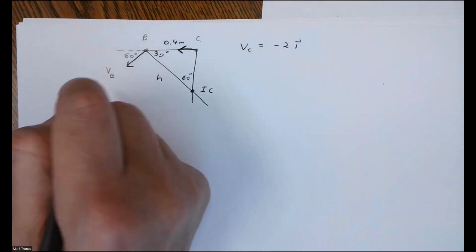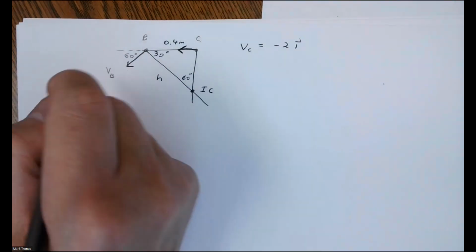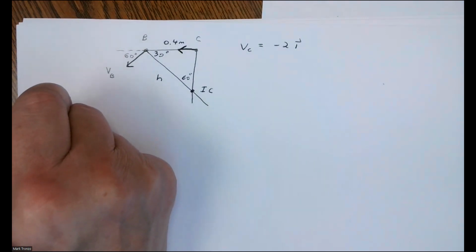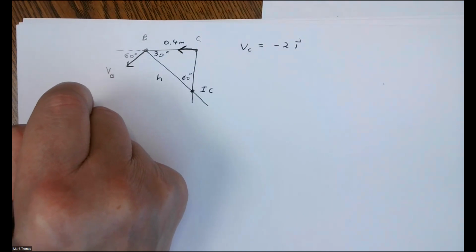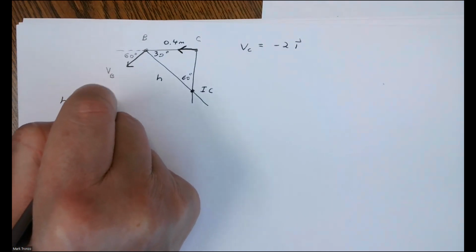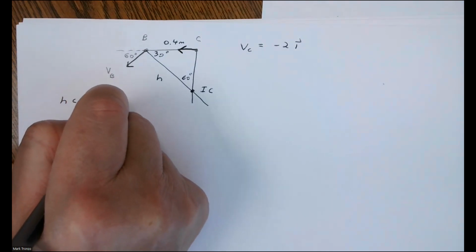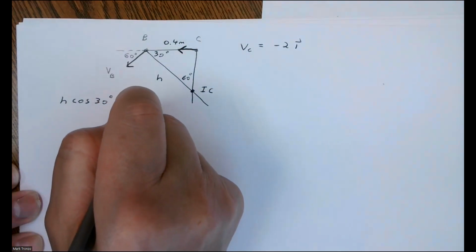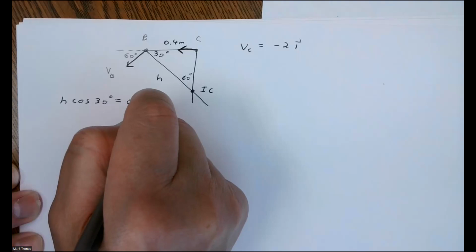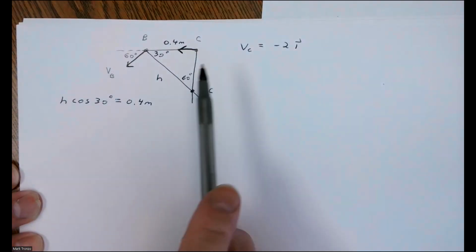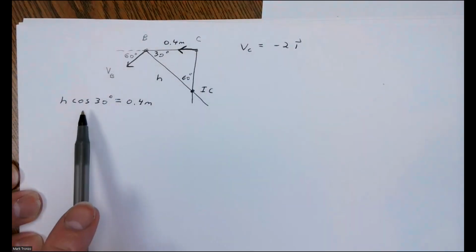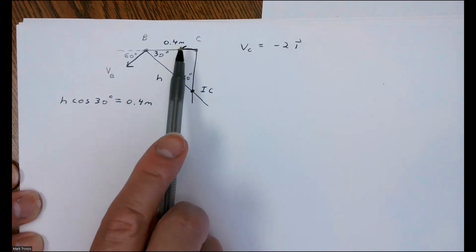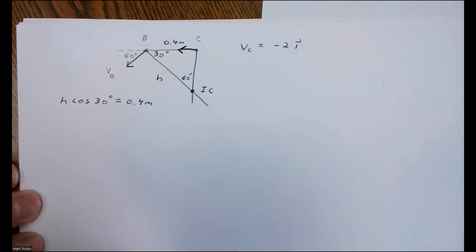Remember that H cosine 30 degrees is going to be equal to 0.4. Usually we know the hypotenuse, but we don't know one of the sides. This time we know one of the sides, but not the hypotenuse. So we have to use this, that H cos 30 is going to be the adjacent here.